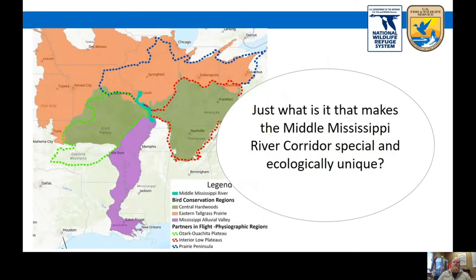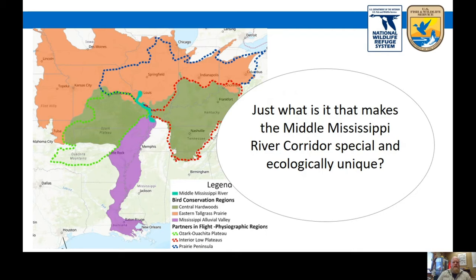Just what is it that makes the Middle Mississippi River corridor so special and ecologically unique? Now, it's the convergence of those 4 major physiographic regions that all meet right there at the Middle Mississippi River. The river in the map to your left is depicted in the teal color from confluence to confluence.